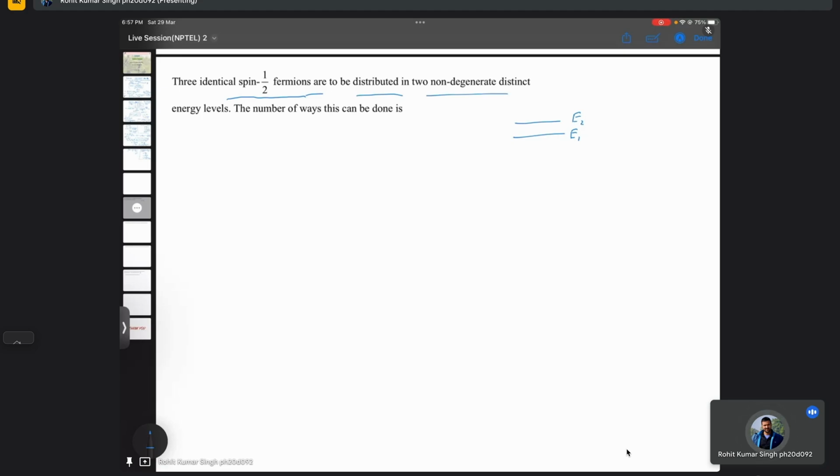You have to distribute them in these two energy levels. Now how many ways can this be done, that we have to calculate. Now namely, if we forget about the spins here, then this cannot be accommodated in two energy levels, because one level will contain one fermion each, as we saw here, right?